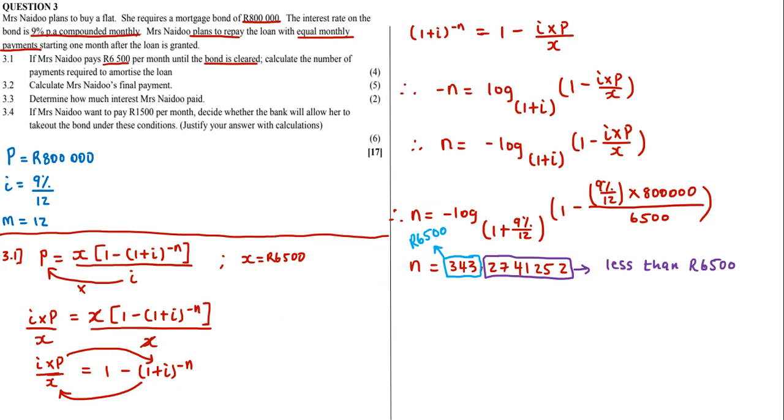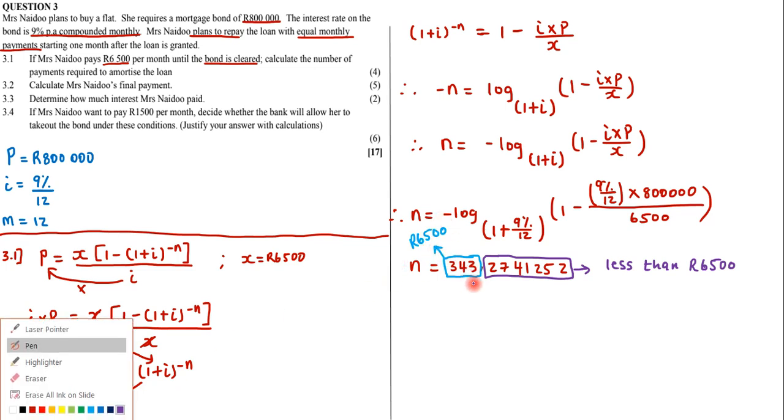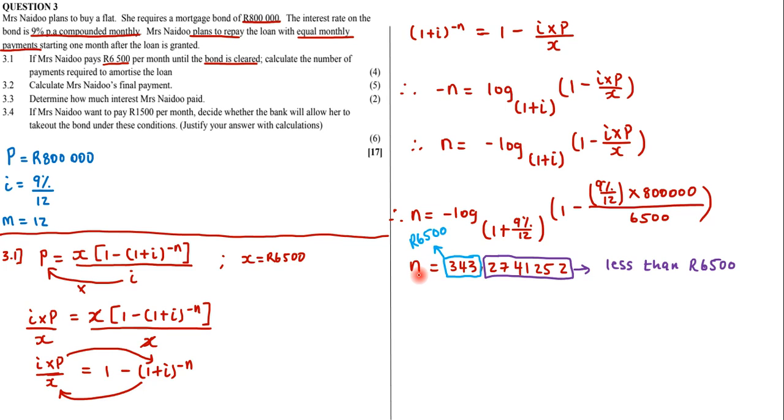But this then means now, if we had 343 payments, and then a last payment that was less than 6,500 Rand, how many payments did Mrs. Naidu make? So this means the payments that Mrs. Naidu made were 344 payments. Let me write payments made, right? All right, and then that becomes your final answer, because remember the question asks for the number of payments.